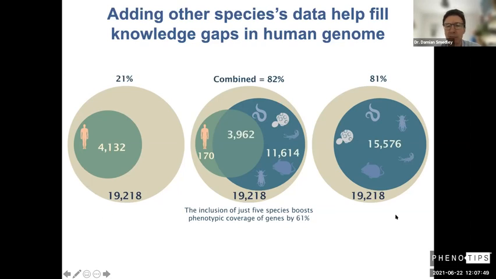But if you start looking at model organisms such as the mouse, the fish, worm and fly, then we know a lot more about all these extra genes, and putting it all together, we know what the phenotypic consequence is if a gene is disrupted for some 82% of the protein coding genes in human, using orthology. So this means if we find an interesting variant, say in one of these genes that we know nothing about in human, we can still say something about it using this other species data and use it to prioritize variants.